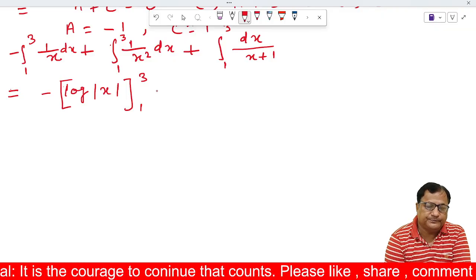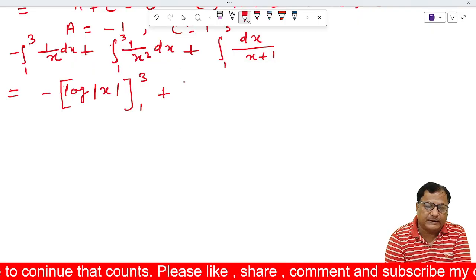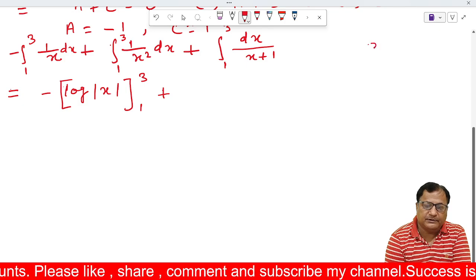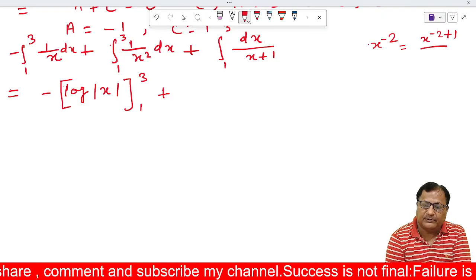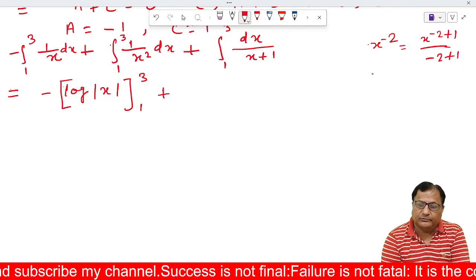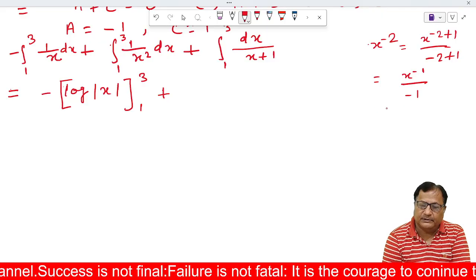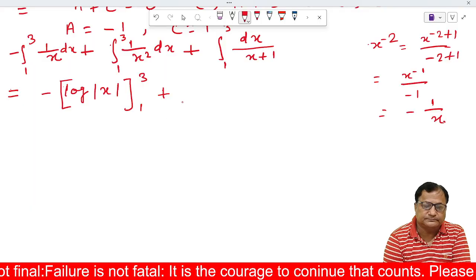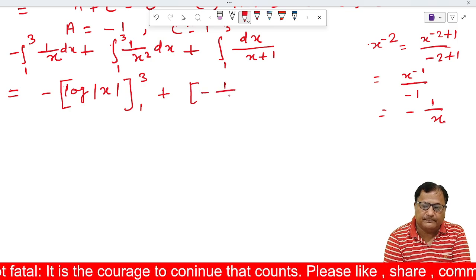Integration of this: 1 by x square we can write as x to the power minus 2. So the integration will be x to the power minus 2 plus 1 by minus 2 plus 1, so this will be x to the power minus 1 by minus 1, that means minus 1 by x.